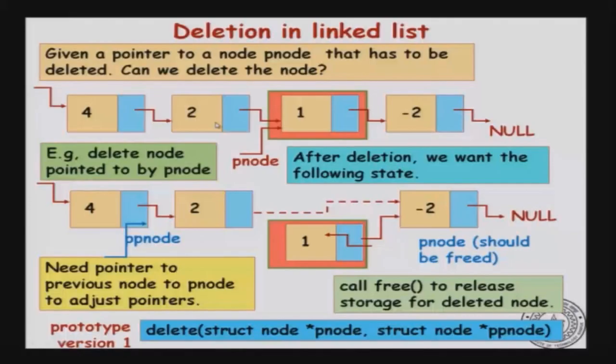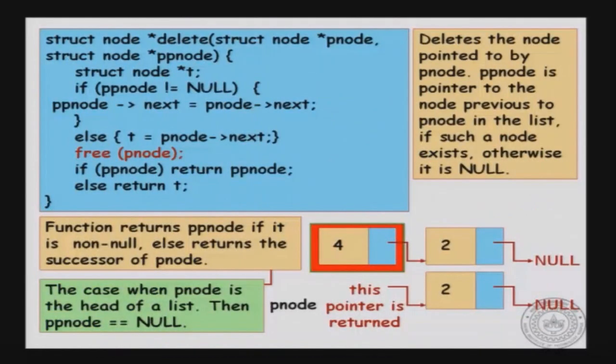I can delete a node if I also have a handle, a pointer, to its previous node. Then it is very easy to say that 2's next node will be minus 2. And that is what we will do. Let us have a delete function. P node is the node that I want to delete, and PP node is its previous node.